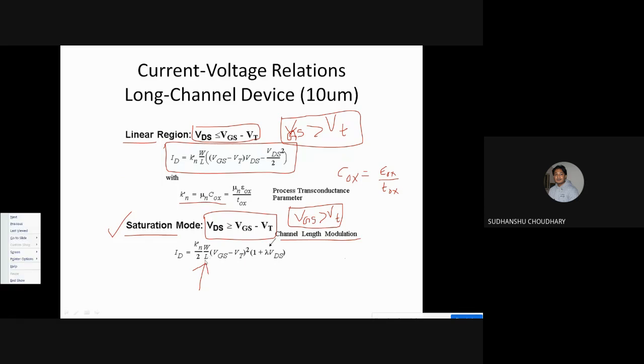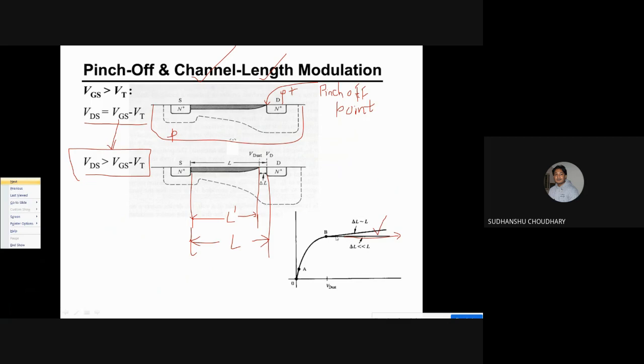So if the channel length goes down, obviously the drain current will go up. From this relation, if the channel length goes down, the drain current will go up. If the channel length becomes large, the drain current will come down. So the effect of channel length modulation is that the drain current will go up, that is increase. That is what we were saying here in the saturation region. Beyond this line, it is the saturation region.